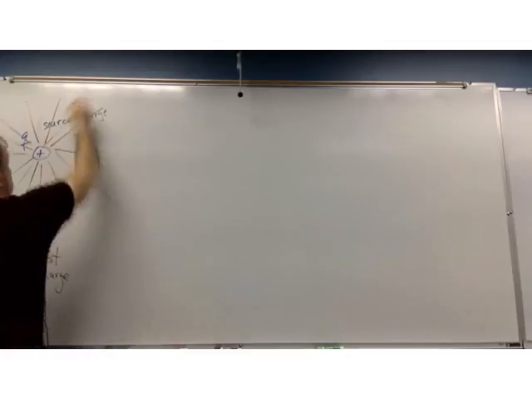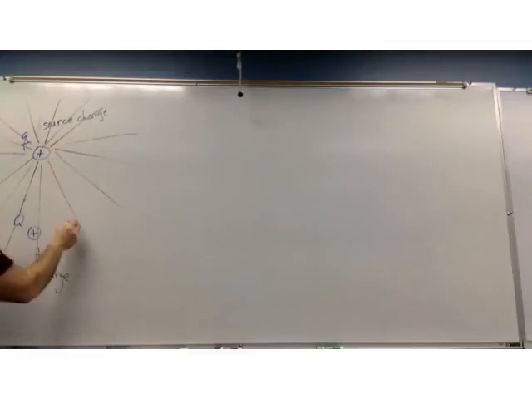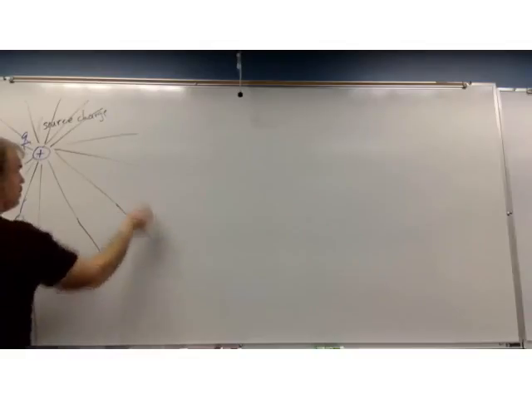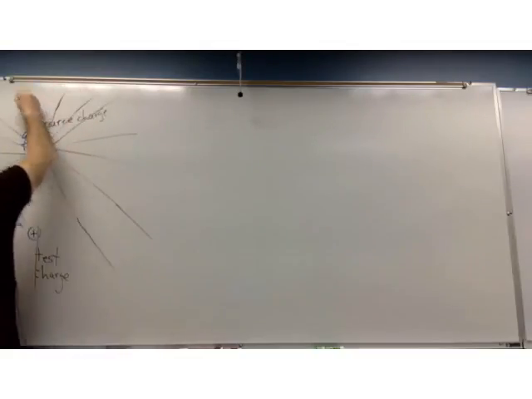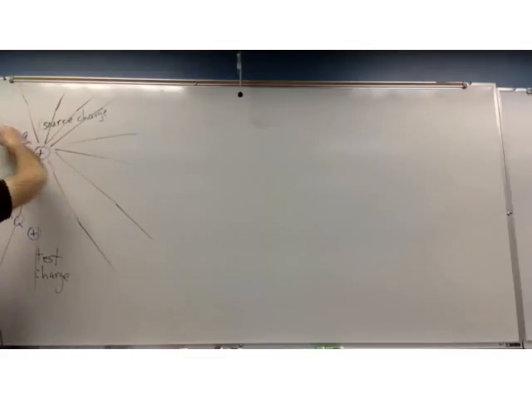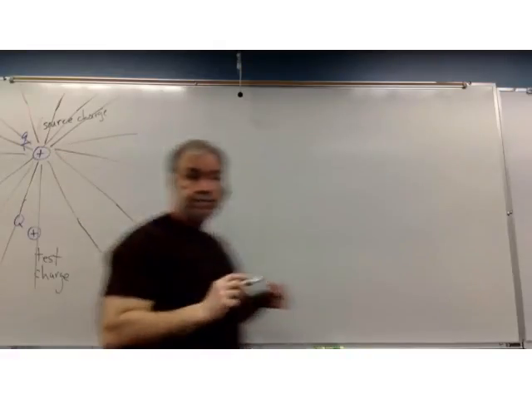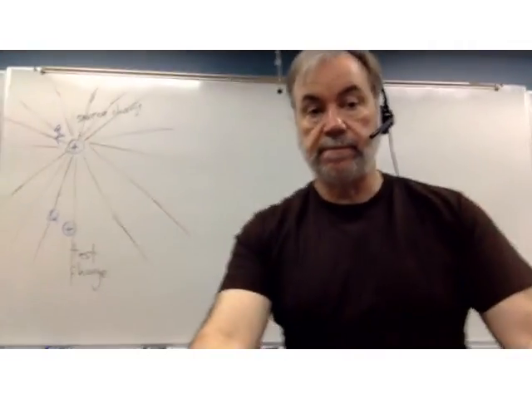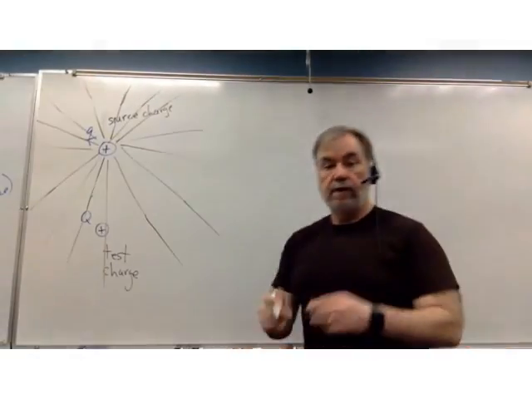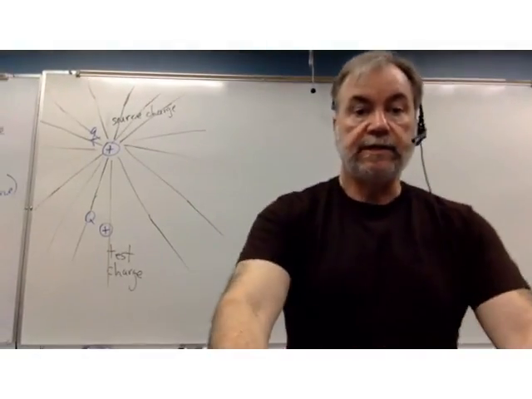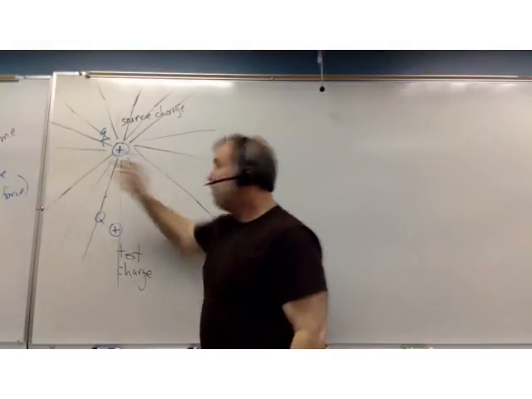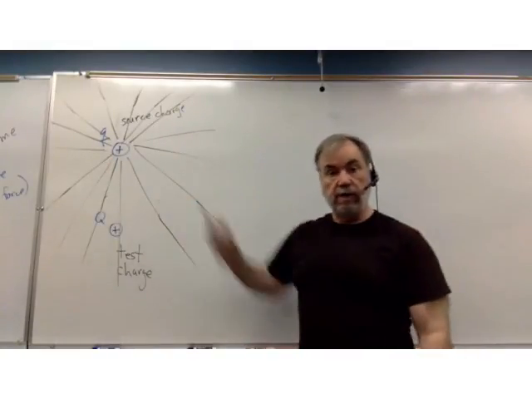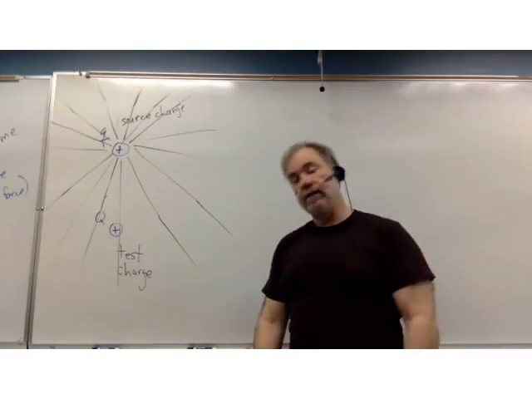And these lines, whatever these are, and I'm going to tell you in a moment, are created by the source charge. All these brown lines are equivalent to, analogous to anyway, the water in the lake.